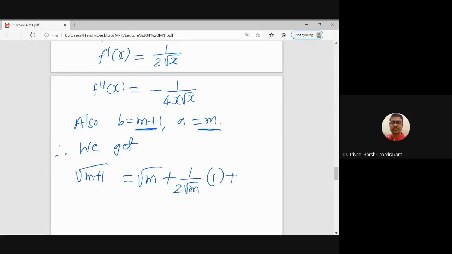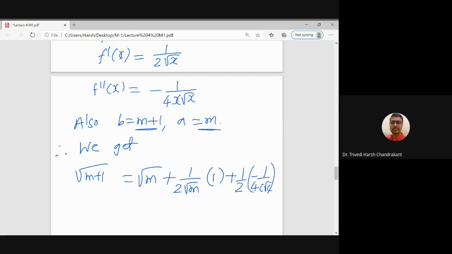Plus the second term. Second term is 1 upon 2 factorial times f''(c). So f'' is minus 1 upon 4x square root x, which we have to evaluate at c. We don't know what c is.